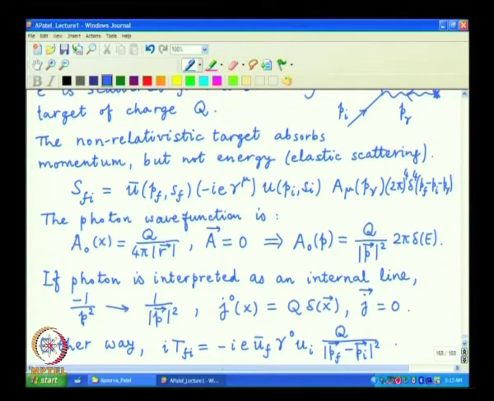So, let us do that. For that, we need to take into account all the normalization factors necessary for defining the cross section.